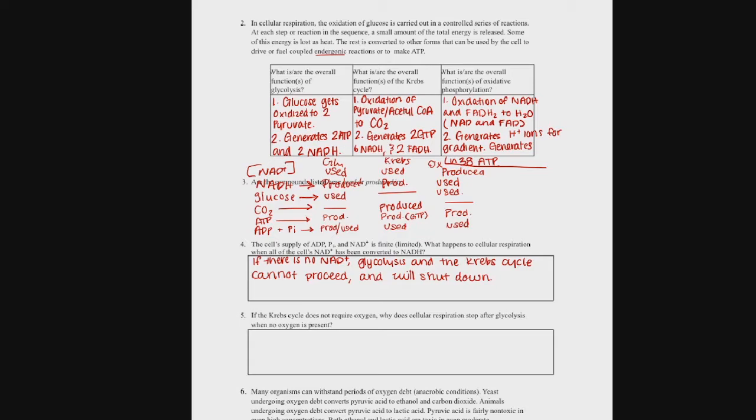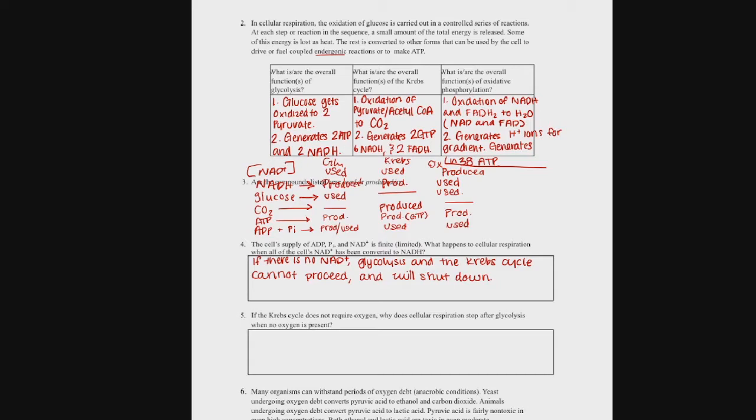Number 5. If the Krebs cycle does not require oxygen, why does cellular respiration stop after glycolysis when no oxygen is present? This usually can trip up students. It was very hard for me to understand this. But when no oxygen is present, oxidative phosphorylation can't occur.